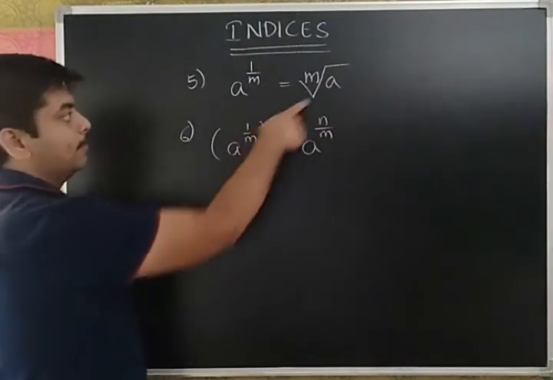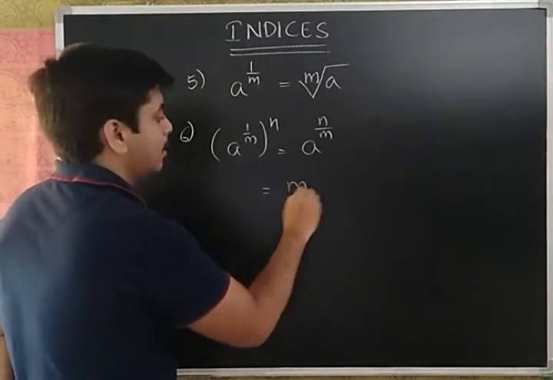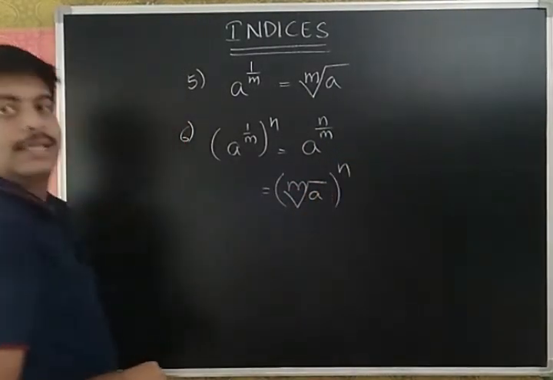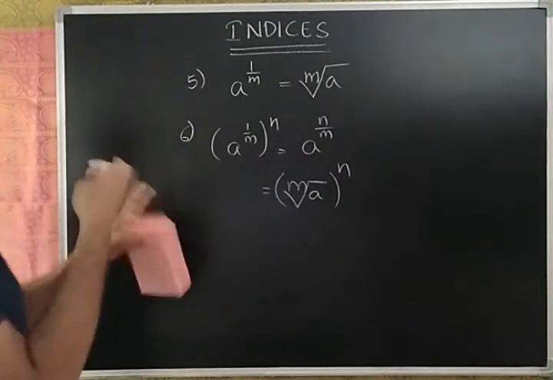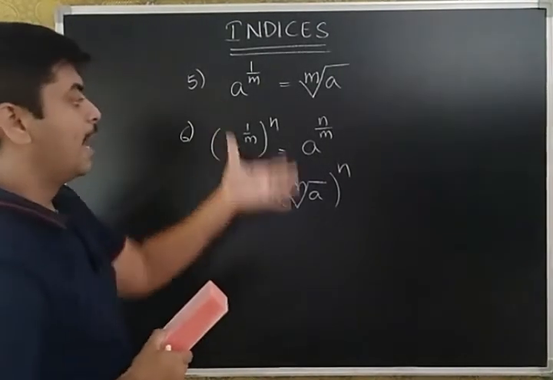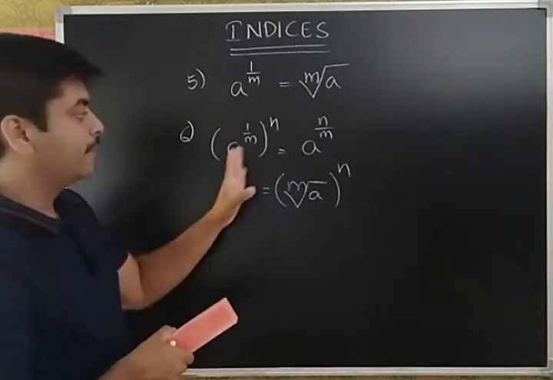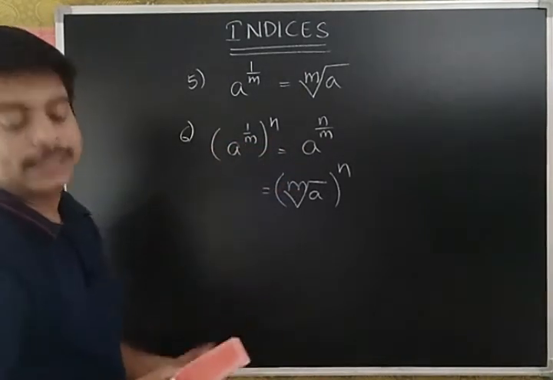What is a power 1 by m? This is equal to the mth root of a, and the mth root of a whole power n. Yes or no? So all these are similar adjustments, and we use whichever format the given question needs.